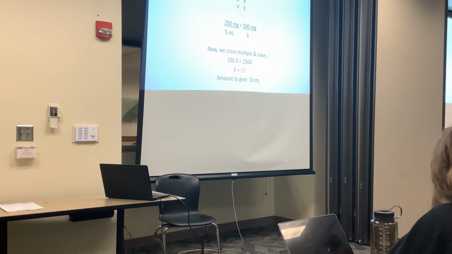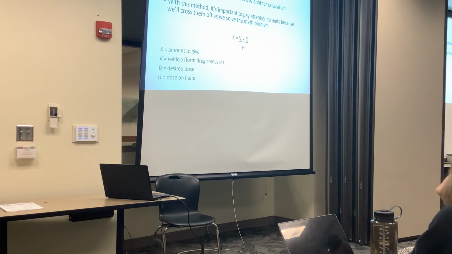I want to show you the dimensional analysis. It looks very similar to what you just did. X is what you're solving for, and you're taking the vehicle, the 5 mLs, times the desired dose.